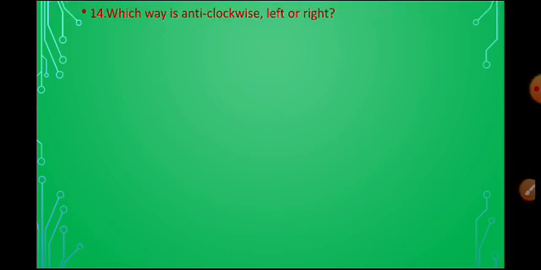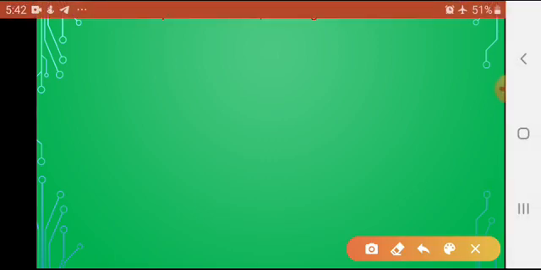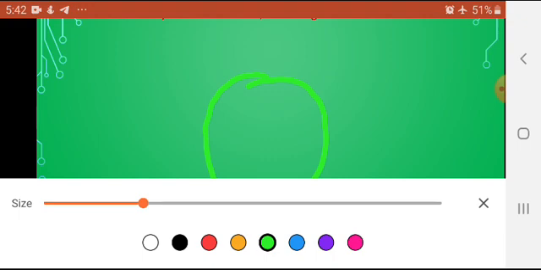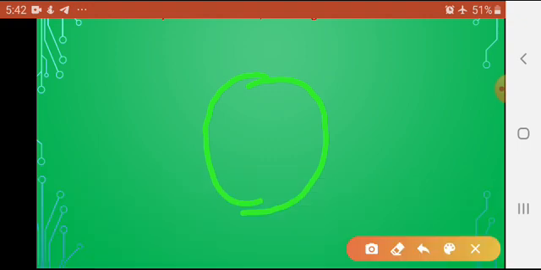Which way is anti-clockwise? Which way is anti-clockwise, left or right? Okay. Now see, first of all, see a clock here. It is a clock, and we are going to make direction in this clock.